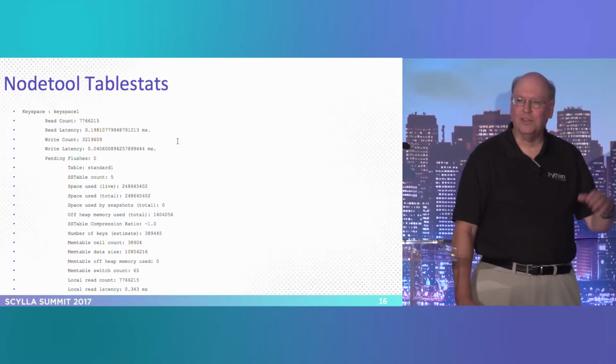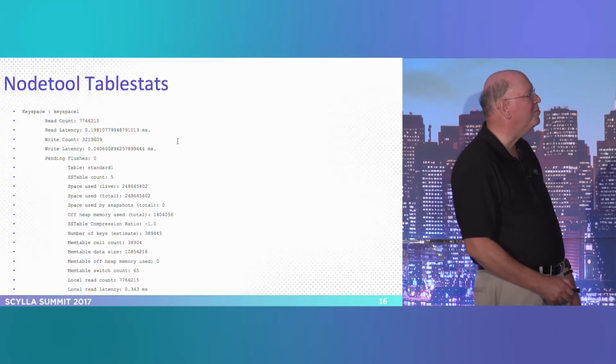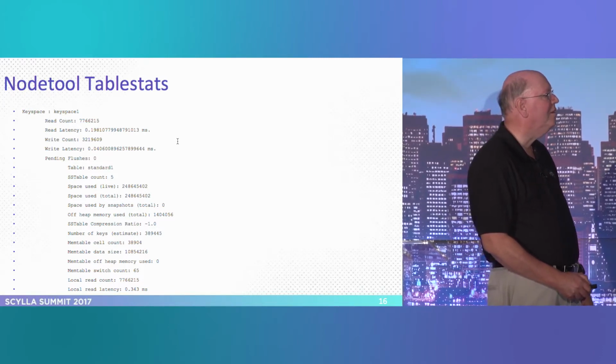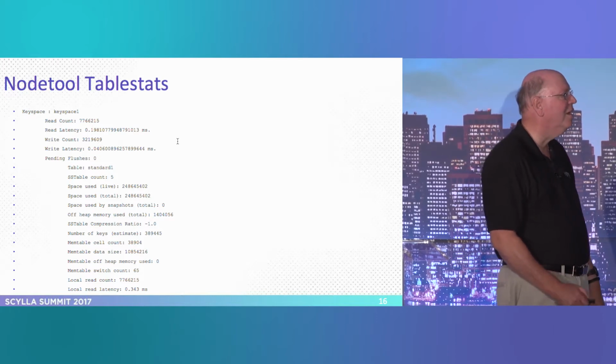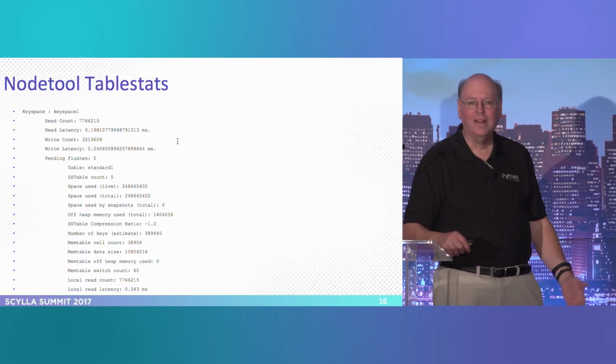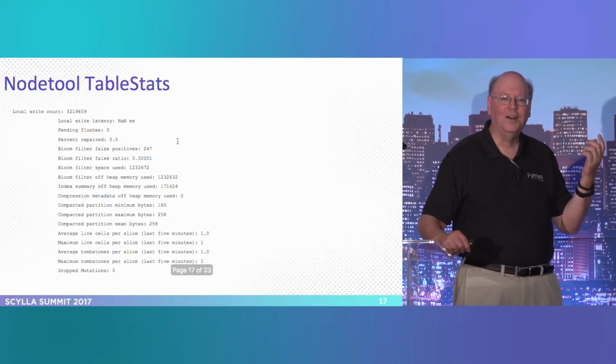The whole idea of the Bloom filter is just to save you some time. This is how much space the Bloom filter was occupying for this table. The index summary, this is how much space is being stored there. In one of the presentations this morning, they were showing the way Cassandra and Scylla index tables.